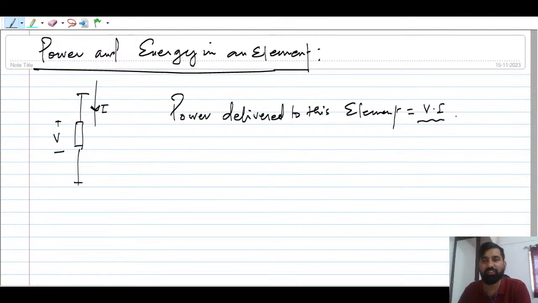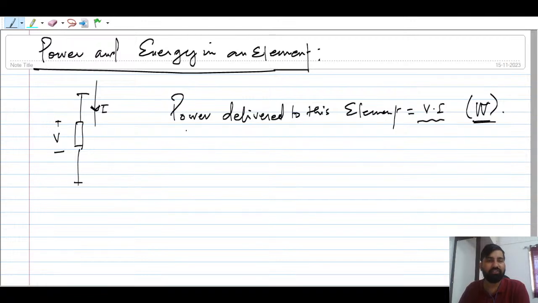Remember, the unit of power is given in watt. It can be kilowatt, megawatt or something. So watt is the unit of power. So power delivered to this element is going to be VI.